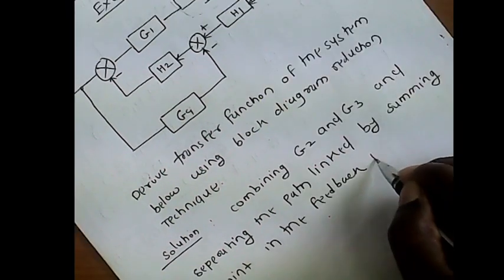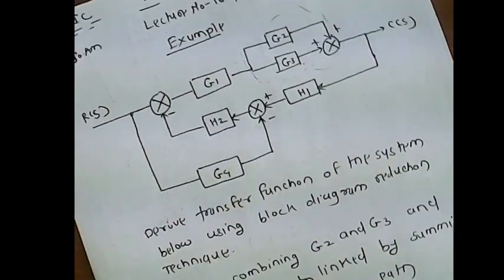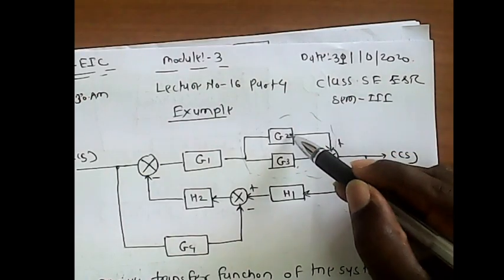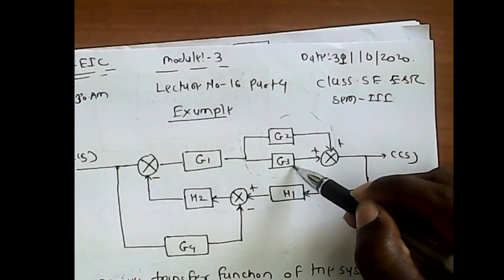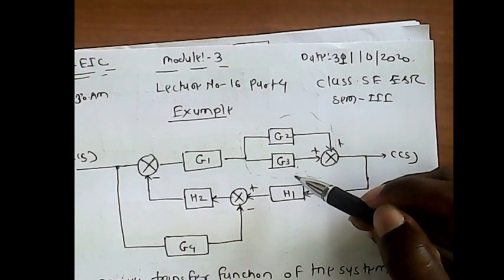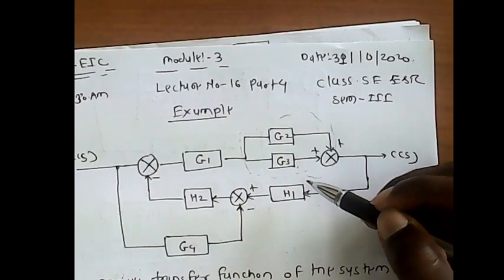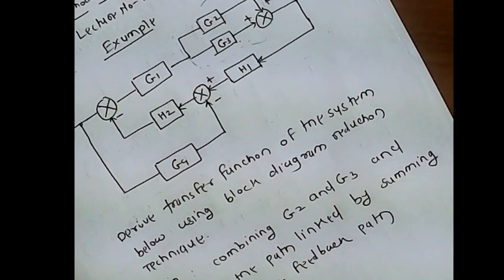First, if you observe, G2 and G3 are in parallel. So when blocks are in parallel, the blocks will be added. Okay, so we can add these two blocks.